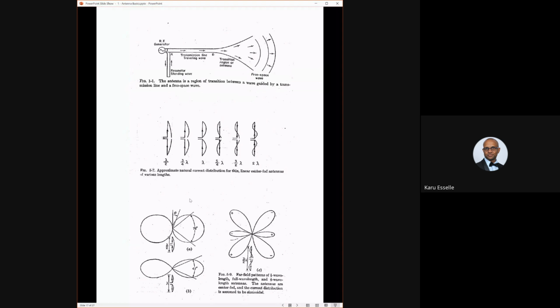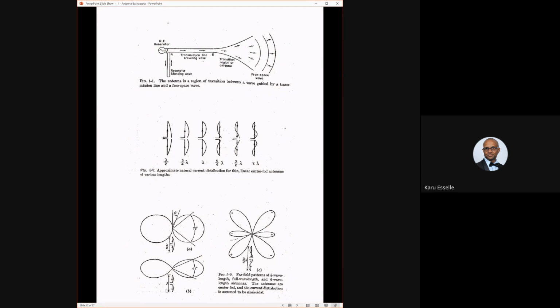Now, if the length is not lambda naught by 2, if it is larger, then you can have a lambda dipole, 2 lambda dipole, etc. These are not very popular. And you could also have much smaller dipoles, quarter wave dipole, etc. But the half wave dipole is the most popular one. And these are the radiation patterns. This is a half wave dipole radiation pattern.